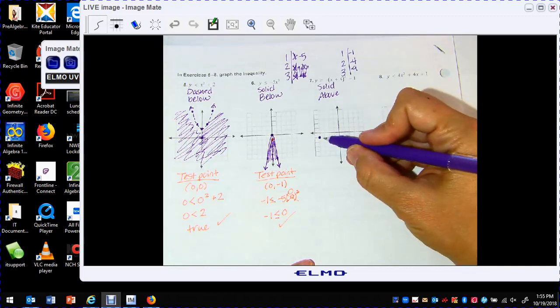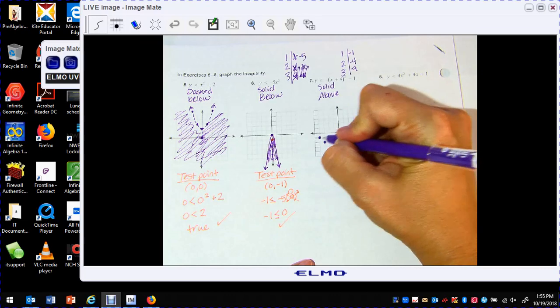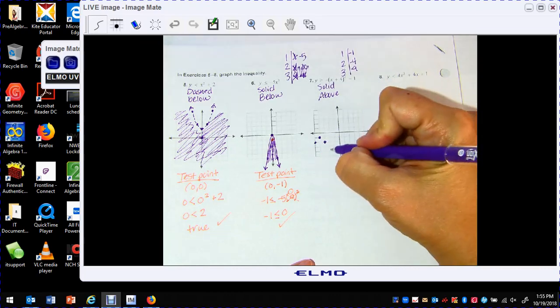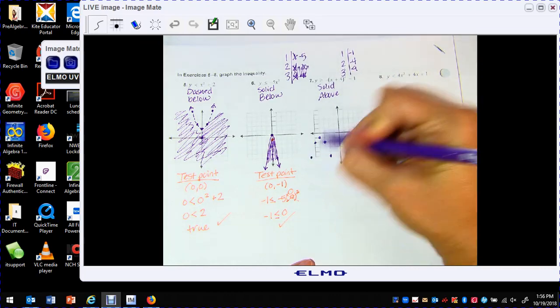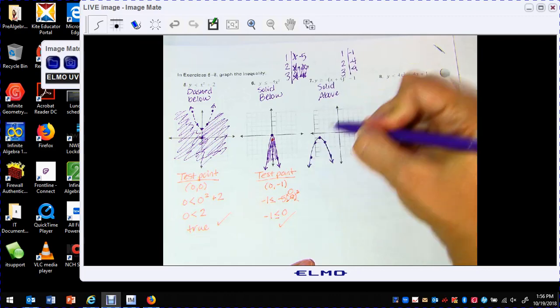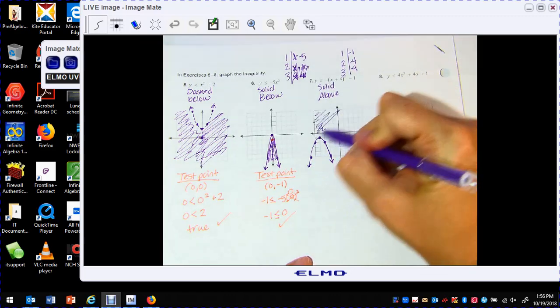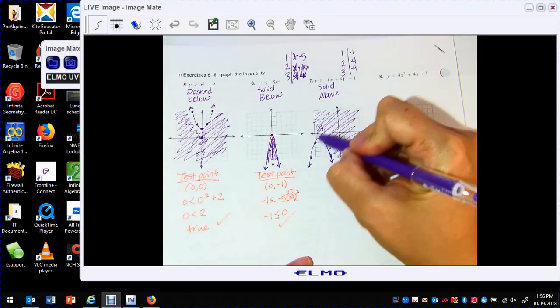From this vertex, I'm going to go right 1, down 1, and mirror it. I'm going to go right 2 and down 4. It is solid. And I shade above. Well, go to vertex. Above is up here, so the outside is what is shaded.